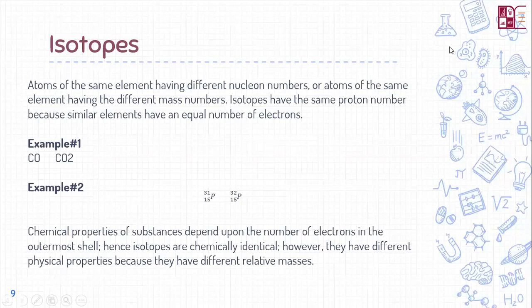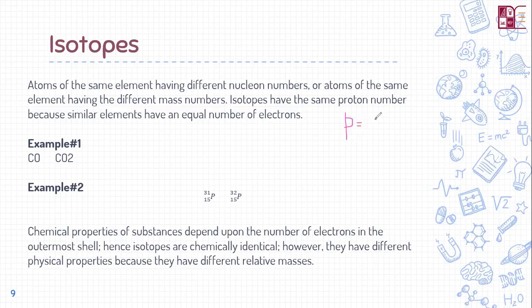The protons and electrons are always going to be the same in the isotopes, whereas the neutrons are always going to be different, which is why we have different nucleon numbers or different mass numbers.